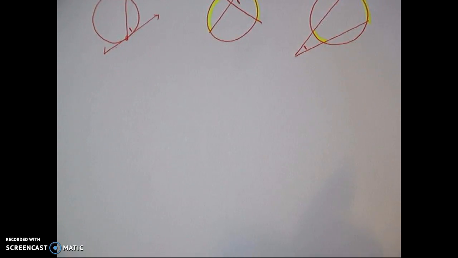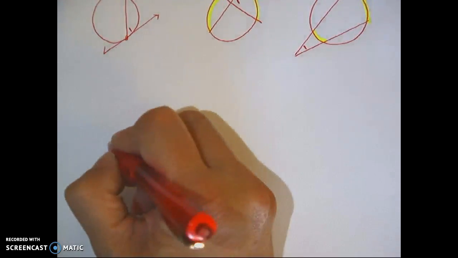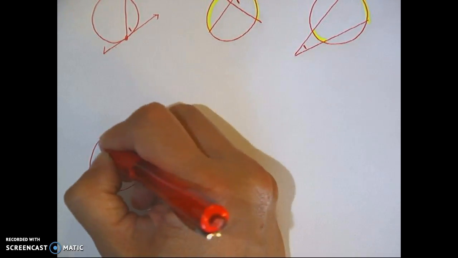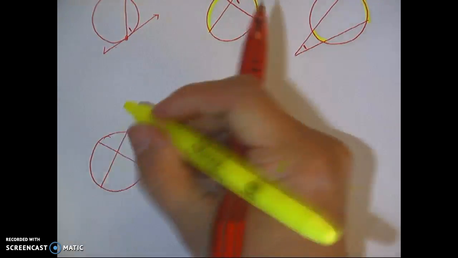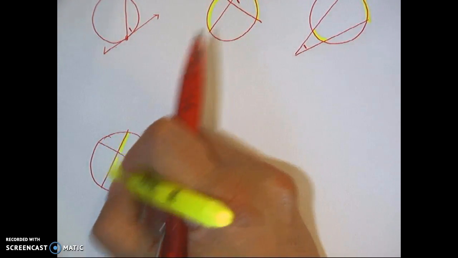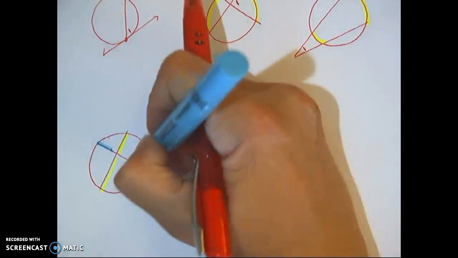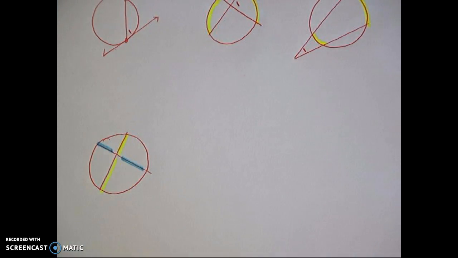And then we had our different types of segments. With the first segment, we have two chords that intersect. And the product of the two pieces are equal. So the product of those two segments is equal to the product of these two segments.